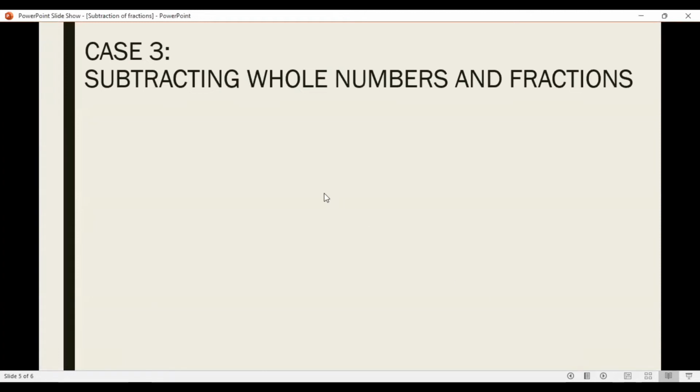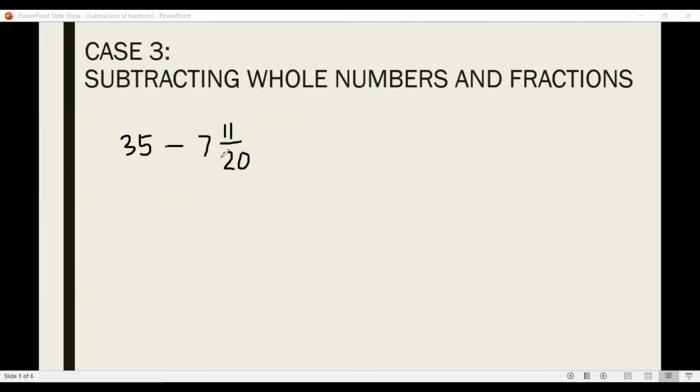Subtracting whole numbers and fractions. So we have to be careful with this case because it will make a lot of difference. If you have a whole number subtracted from a fraction, and when you have a fraction subtracted from a whole number. So let's take, for instance, look at this. When you have, for example, 35 and you are subtracting, let's say, 7 and 11 over 20.